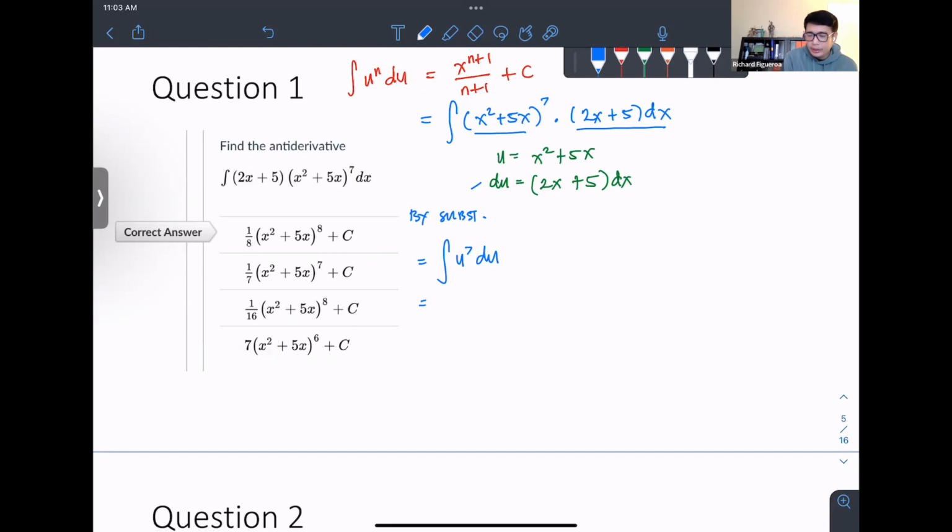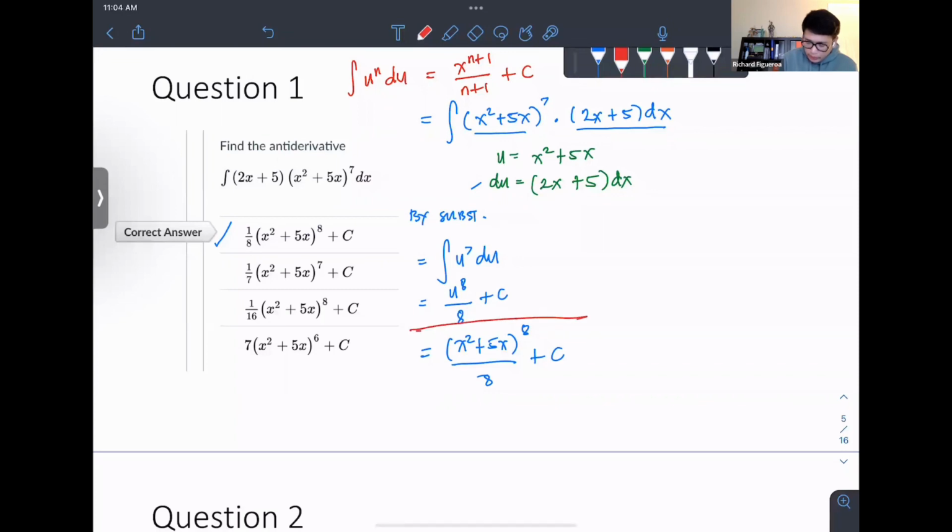Thus, I can now use the formula u raised to n, wherein n is equal to 7, so that would make it u raised to 8 all over 8, then plus c. And I have to transform it back, wherein u is x squared plus 5x, raised to 8 all over 8 plus c, which resembles this answer. So that is the substitution approach.